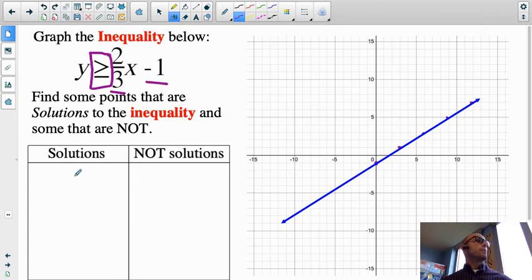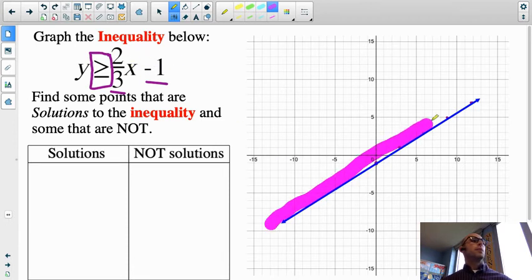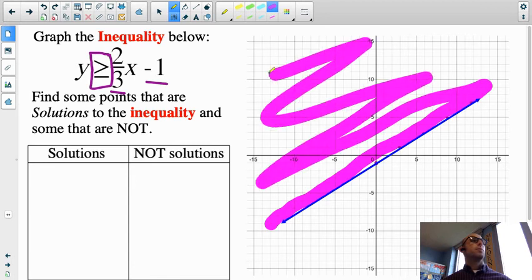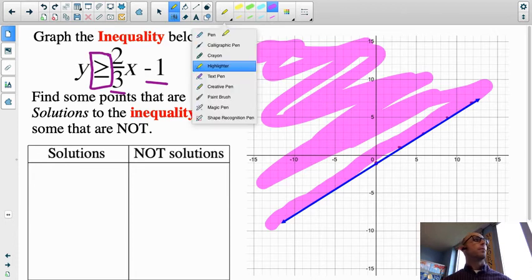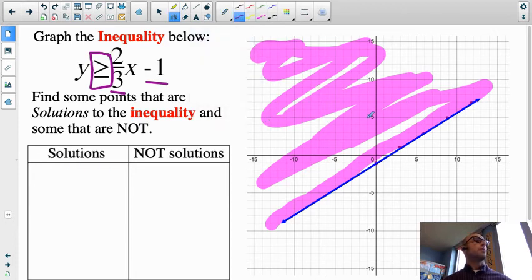So when I go to identify solutions, oh, I missed something, didn't I? I need to do my shading. These y values are greater than this boundary line, so I need to go above it. All of these y values up here are greater than this boundary line. Those are all solutions.